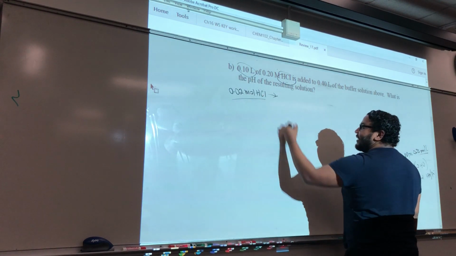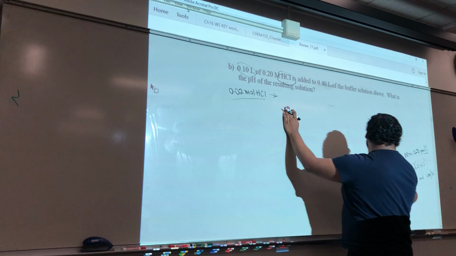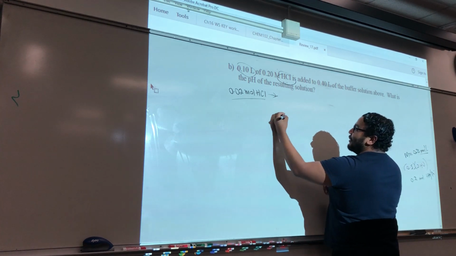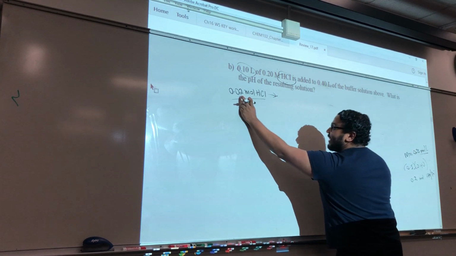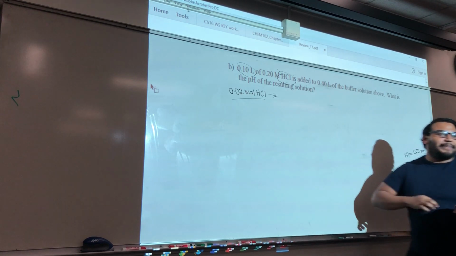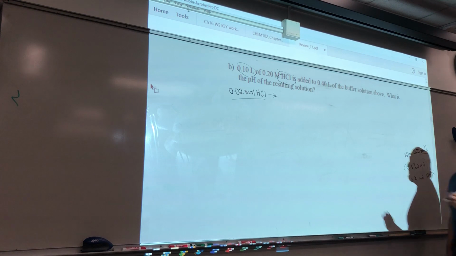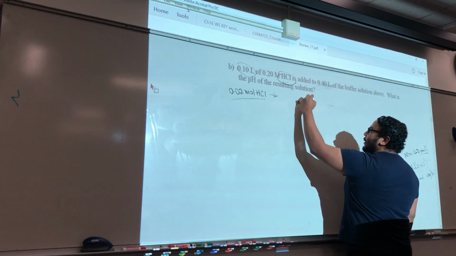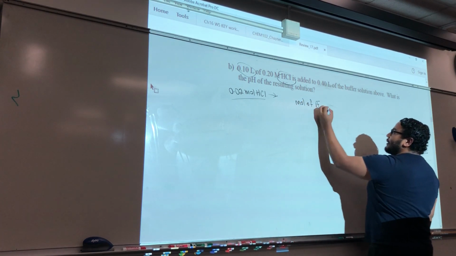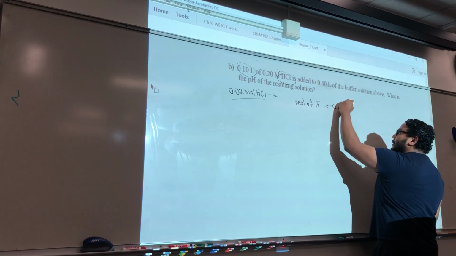This amount is going to react with the base portion, so I'm going to lose exactly this amount of base. How many moles of base will I have? 0.18. So moles of A minus is equal to 0.18 moles.